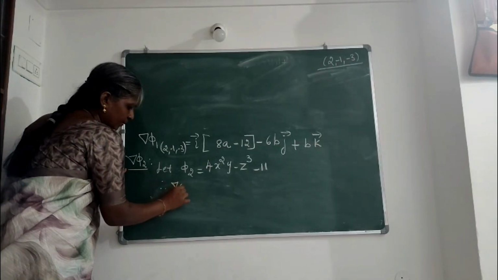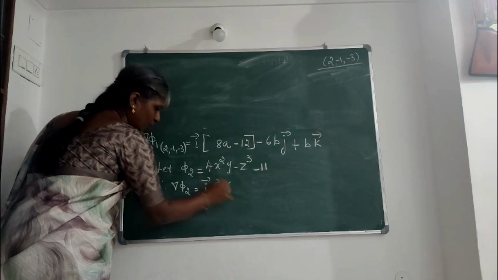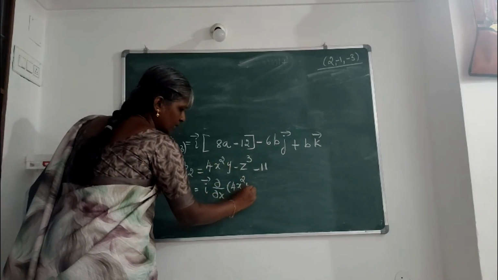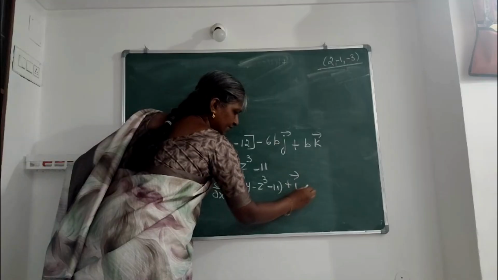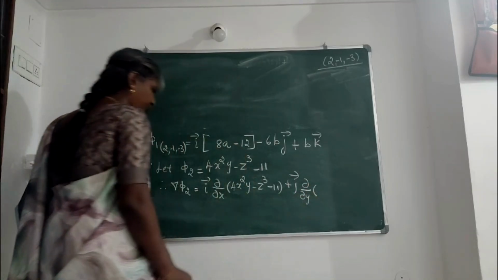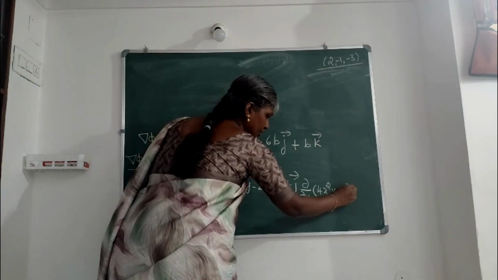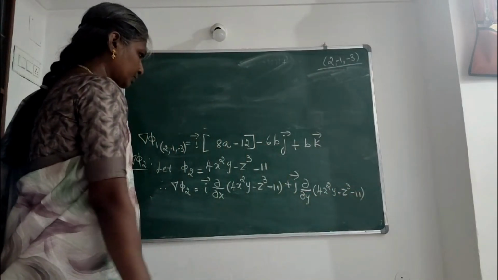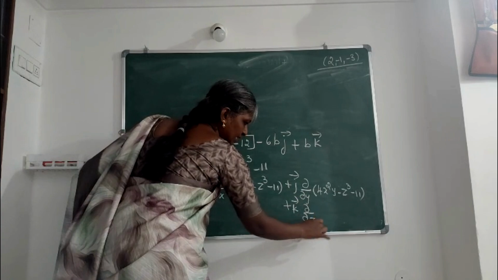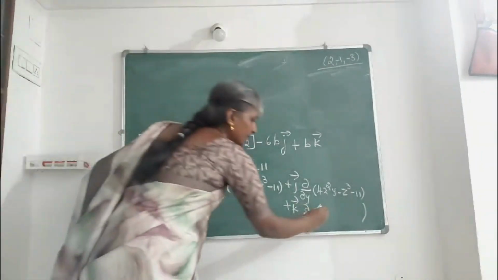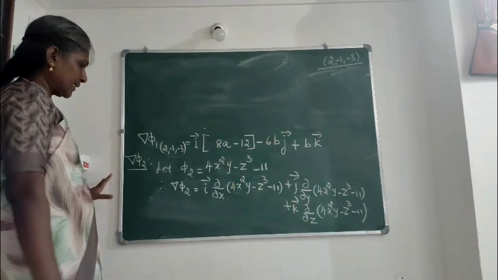Therefore del φ2 is equal to vector i into ∂/∂x of (4x²y − z³ − 11), plus j vector into ∂/∂y of the same, plus k vector into ∂/∂z of the same, 4x²y − z³ − 11.